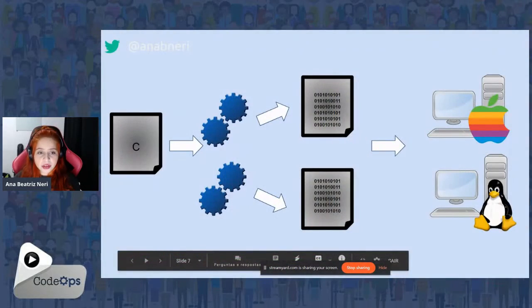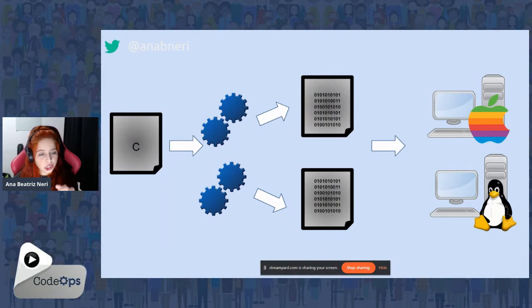In the next slide, we have the compilation process before Java, using C++. We have the code that we type, called source code. This code is just for us to understand. Our machine doesn't understand this.